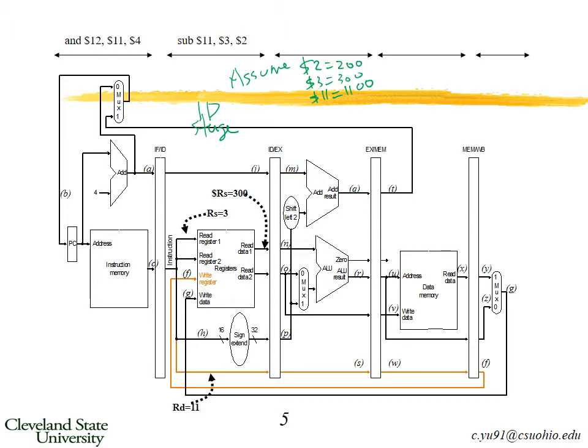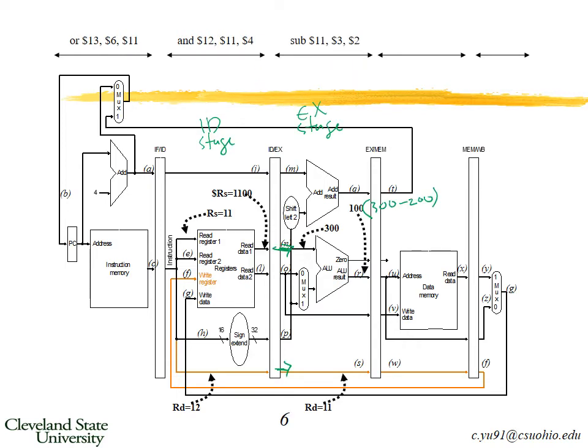Destination register 11 is carried to the next stage. In the following cycle, the subtract instruction moves into the execution stage with 300 and register 2, which is not shown here, but is 200, and it is a subtract instruction. So the output from the ALU is going to be 100.